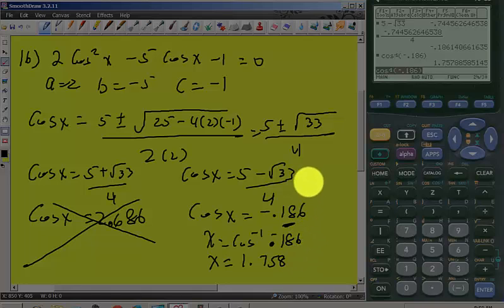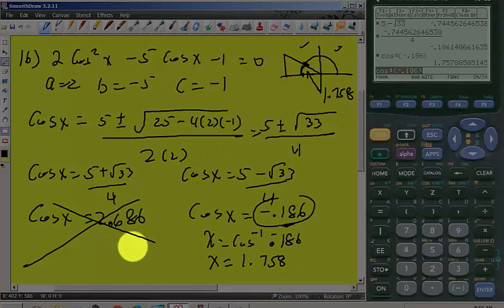Cosine is negative in this quadrant. My calculator only works in the first and the second quadrants, so it gave me this angle right here. That's 1.758. That's the angle that my calculator gave me, but I can't use that. I have to start here and go to there.